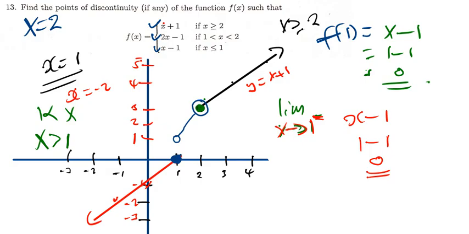So we are remaining with 1. Let's see if we're going to get 0. So 1 from the right side, which one are we going to get? The one which is telling me either x is greater than 1, it can even be greater than or equal to or just greater than 1. Which function?